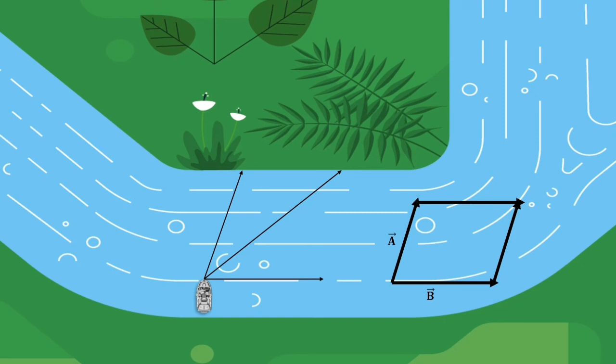Now, by joining the two points of this parallelogram where the tails and heads of both vectors are connected, we will get the resultant vector, which is the addition of vectors A bar and B bar, and which is also called the diagonal of the parallelogram.